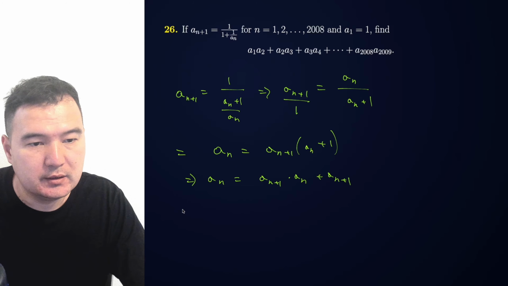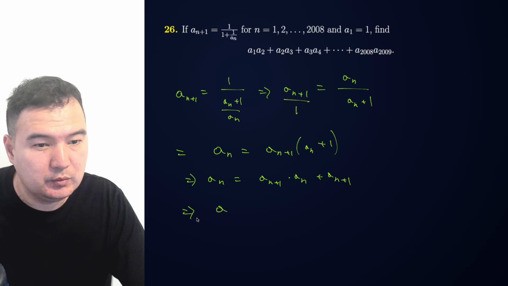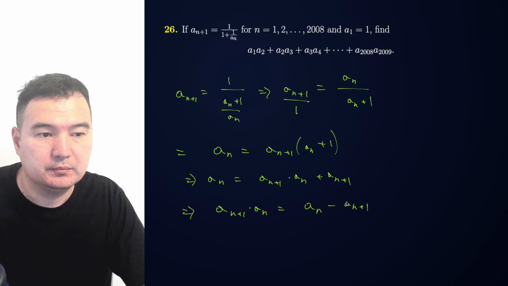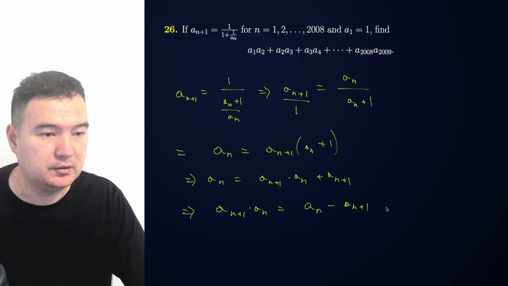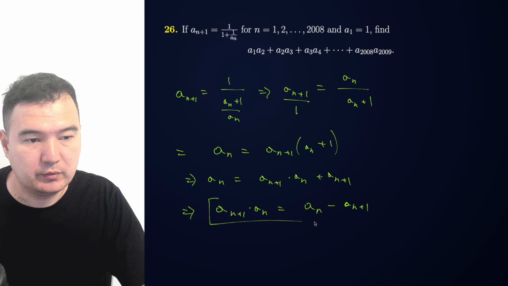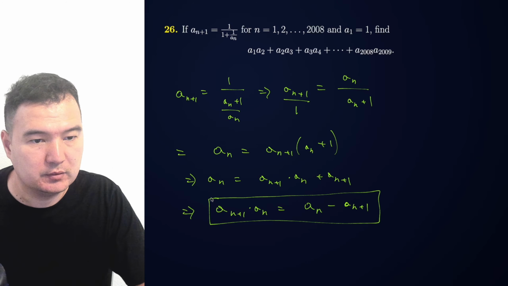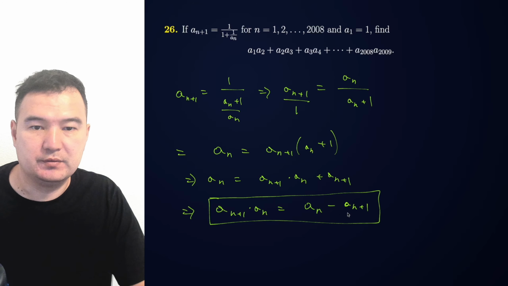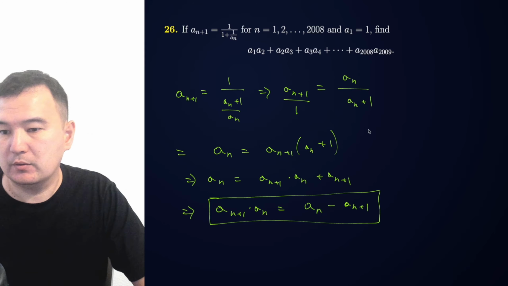So we can see that the product of two consecutive terms is equal to an minus an plus 1. So that's the relation that we were looking for. This is very helpful.